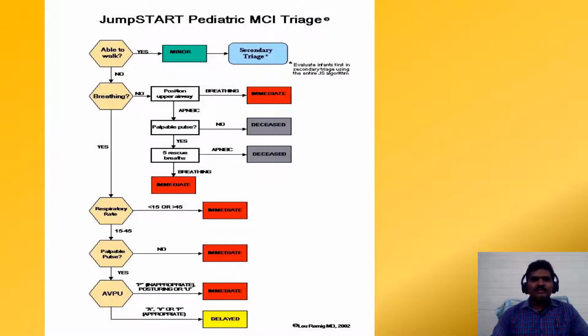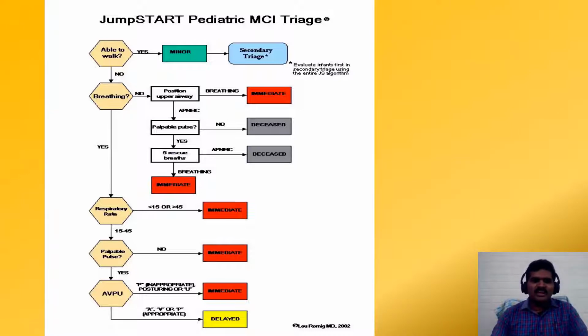JumpSTART triage system is used for pediatric multiple casualty triage. It's almost similar. If the patient is able to walk, he falls into the minor category. Just like the adult triage, a secondary triage is needed. Look whether the patient is breathing or not.